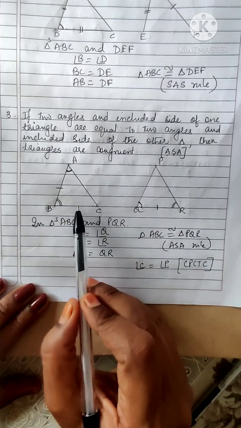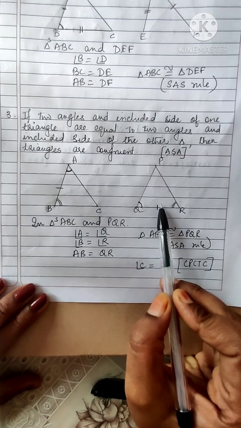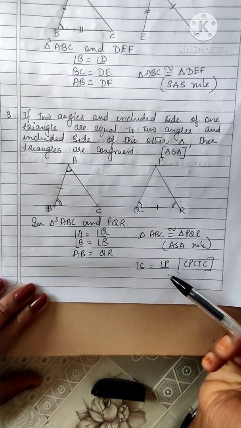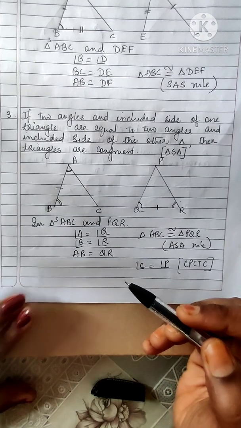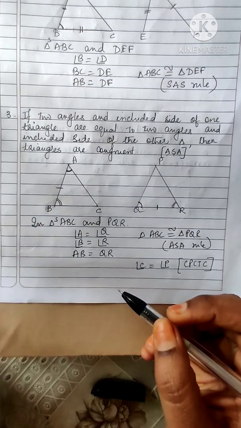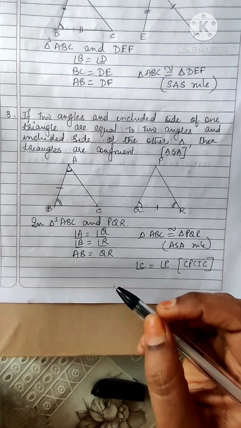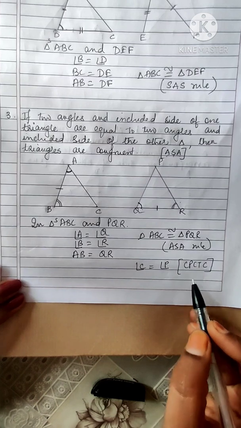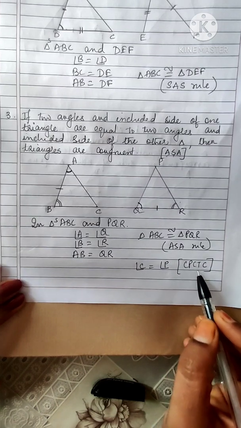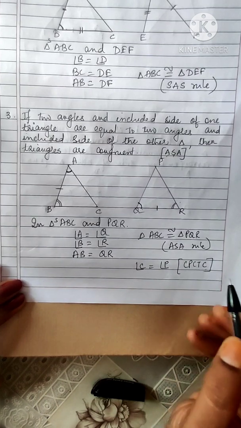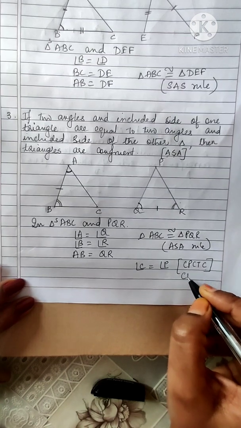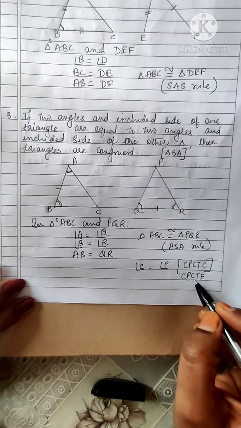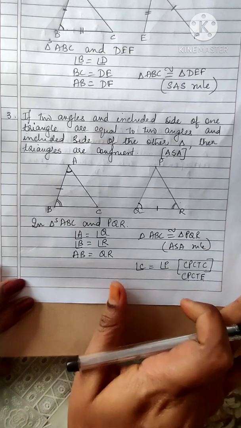Since we have already proved that triangle ABC is congruent to triangle PQR, angle C will be equal to angle P. I told you, when three elements of one triangle are equal to the three elements of the other triangle, automatically the remaining three elements will be equal because corresponding parts of congruent triangles are congruent. You can either use CPCTC or you can write CPCTE, corresponding parts of the congruent triangles are equal.